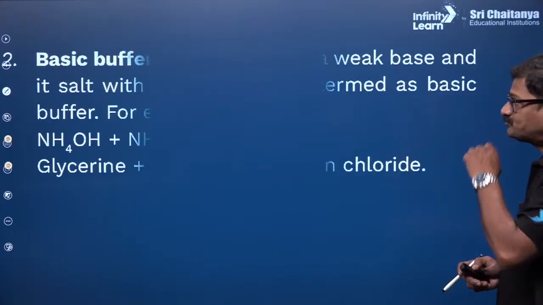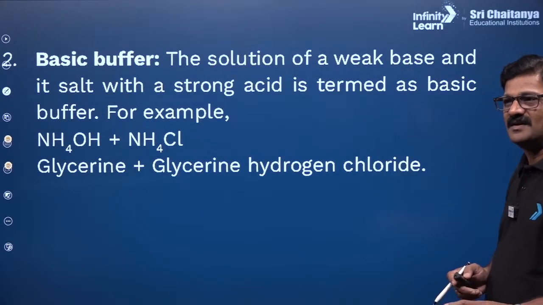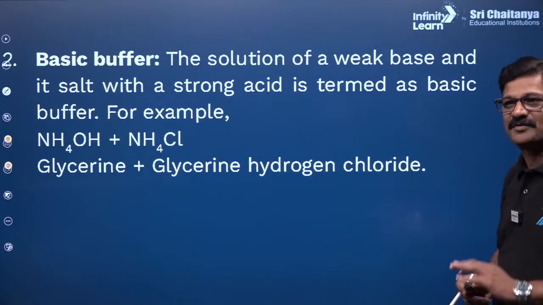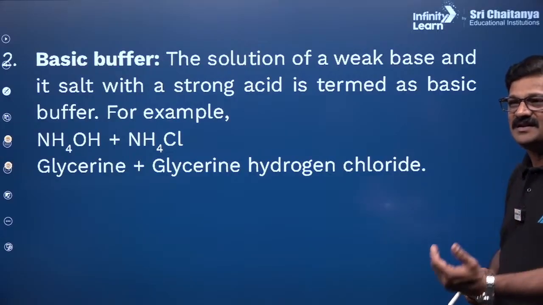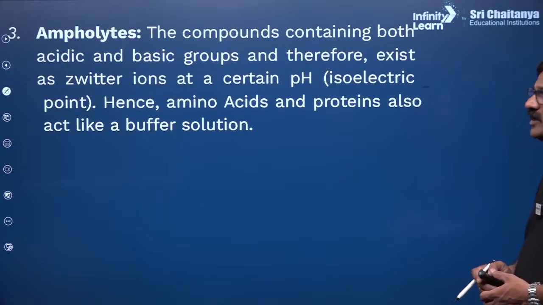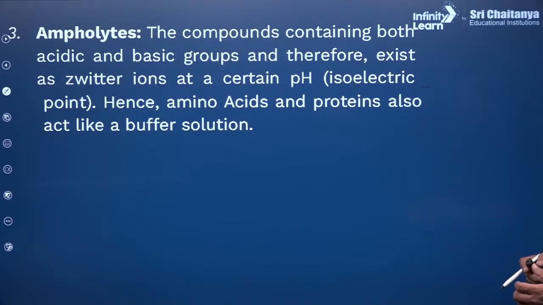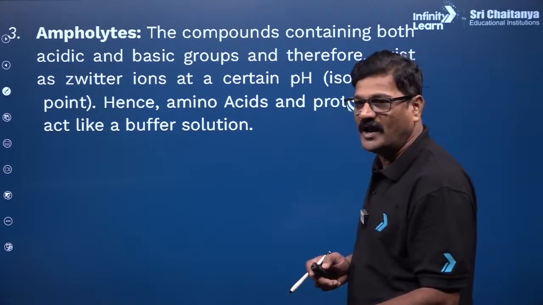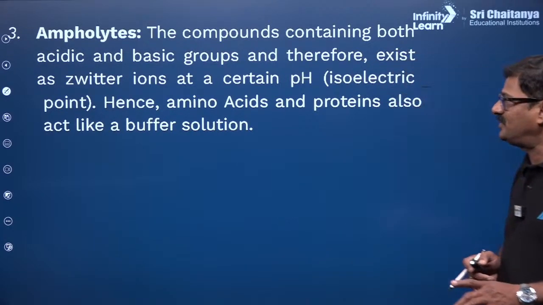And a basic buffer, which is a mixture of a weak base and its salt with a strong acid. And also you have ampholytes. The compounds contain acidic and basic groups and therefore exist as zwitterions, like amino acids and proteins. Ampholytes can act as a buffer.